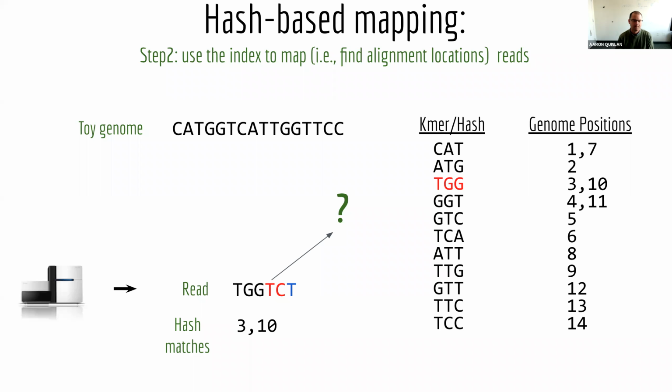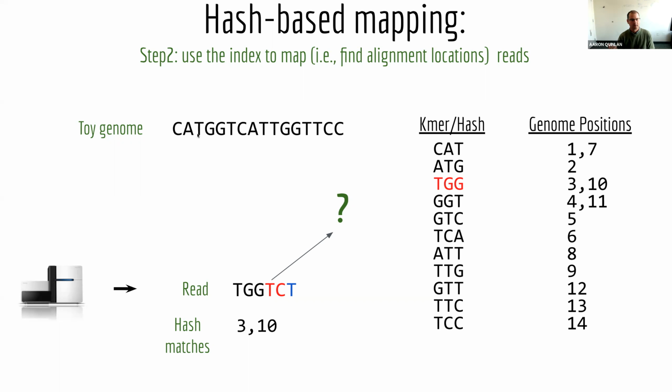Well, 5 out of 6 nucleotides matched. Sure, that's pretty good. Now let's compare that to the other option where we start this TGG sequence at position 10. Then we're looking at TGG followed by TTC. In that case, just the first T matches, and then the C doesn't match T, and the T doesn't match C. So that's 2 differences, versus if we started the alignment at position 3, we'd only have 1 difference.